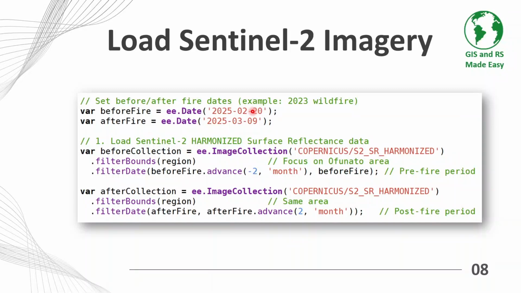That means around 20th December 2024 to 20th February 2025. And we will make another after collection image collection, like this one. Here we will use this date as the from date, and to date will be 2 months from the after fire date. And then we need to do cloud masking of this Sentinel-2 imagery.